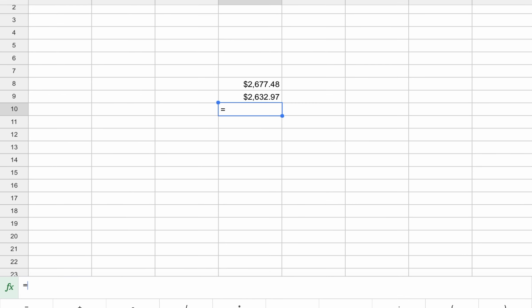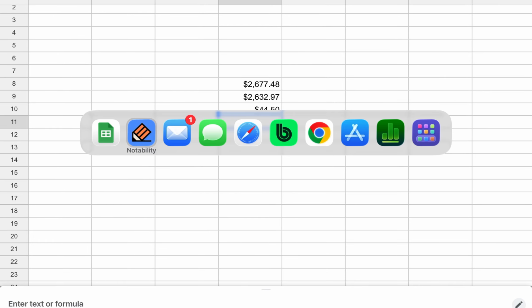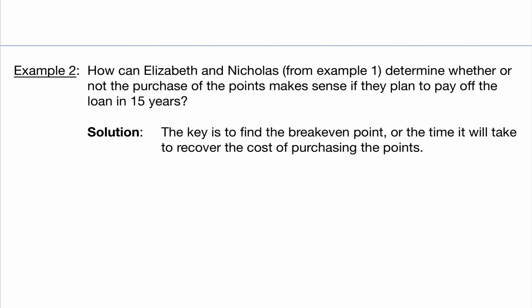So we're going to take the first amount and subtract the second amount, and we see that the rate buy down saves them $44.50 per month. Okay, now we know that the cost to purchase those 2 points is $7,000. And we're going to divide that by the savings amount that we calculated, and that was $44.51.